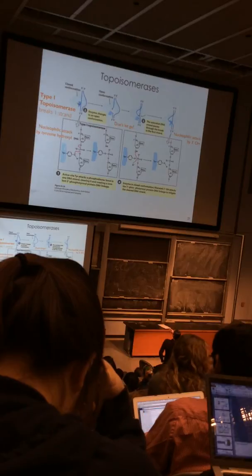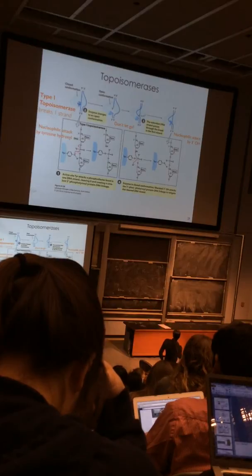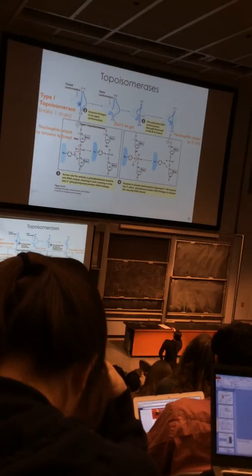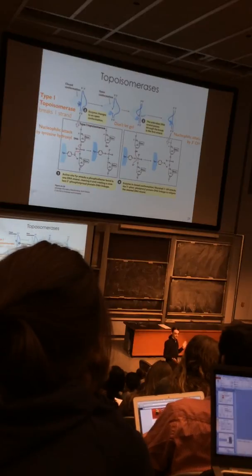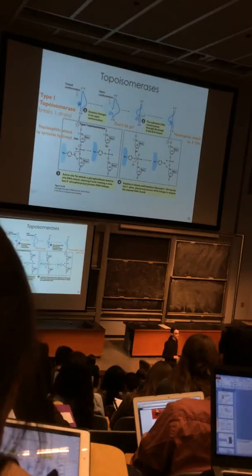So there's a tyrosine residue. The oxygen on the tyrosine residue makes a nucleophilic attack on the DNA backbone of one of the strands and actually remains bound to that DNA. It doesn't let go. It doesn't want to leave this broken DNA behind. It holds on to it while one strand passes through the other.